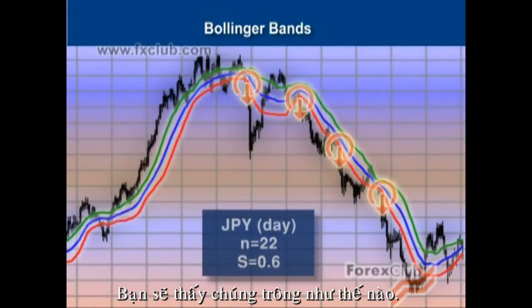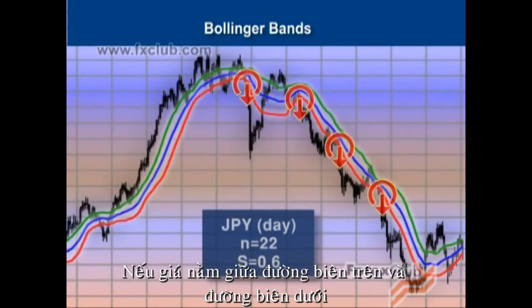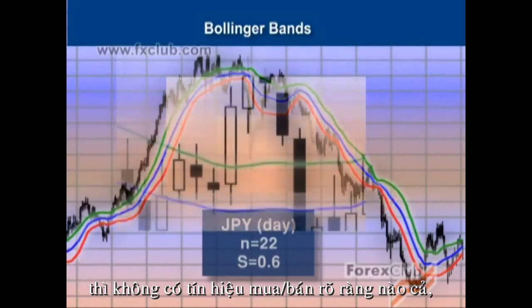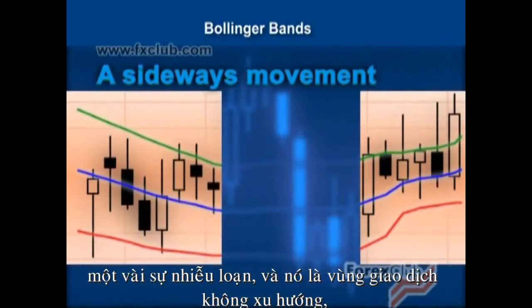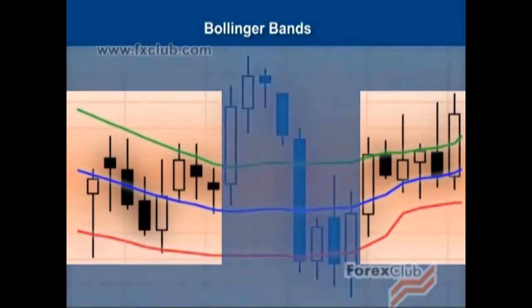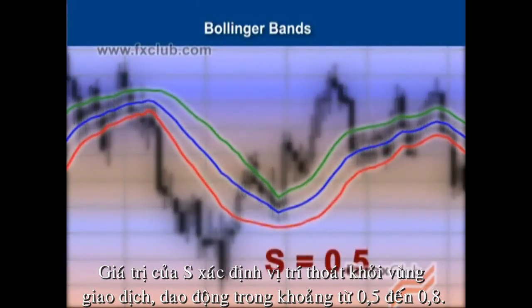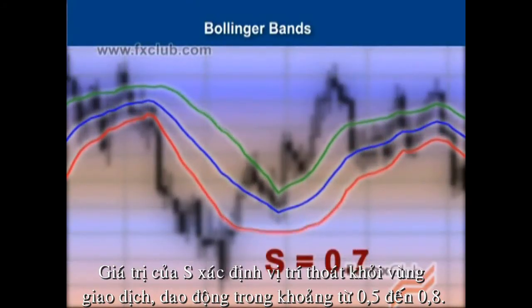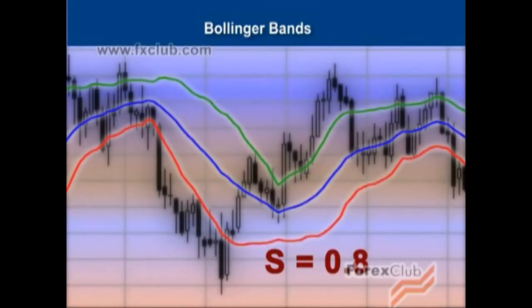See what it looks like. If the prices are between the upper and lower lines, no trading signals occur. There's some turbulence, and it's a trading range, a sideways movement. The value of S used to determine the exit point from a trading range varies from 0.5 to 0.8.